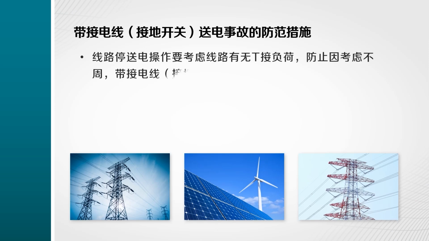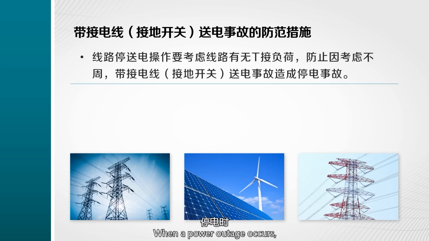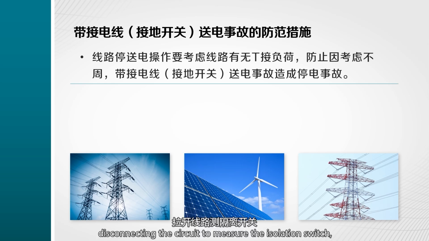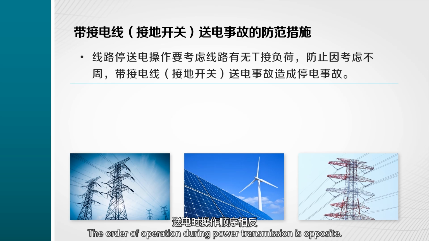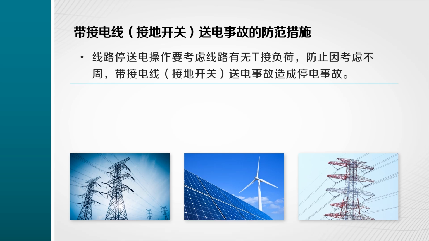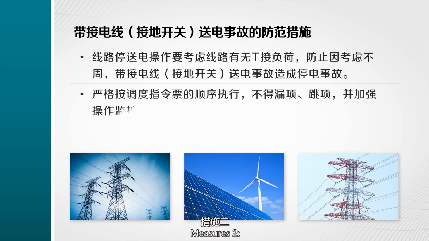Measure 1. When a power outage occurs, operate in the order of disconnecting the circuit breaker, disconnecting the line isolation switch, and disconnecting the busbar isolation switch. The order of operation during power transmission is opposite. Measure 2.